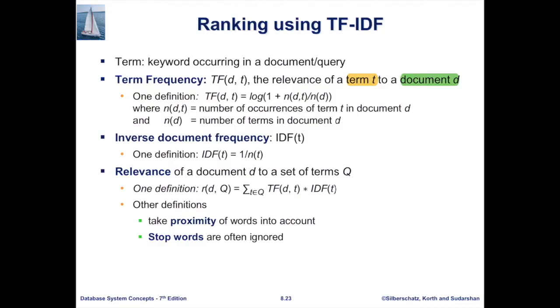The value is higher if n(t) is lower. A lower n(t) means fewer documents use that term. The relevance of a document d to a set of terms Q is called TF-IDF, and the computation is the product of the TF and the IDF of t for all the terms t.